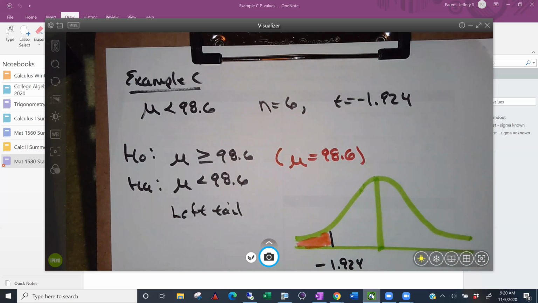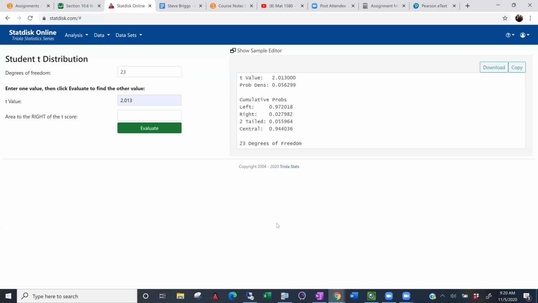So again, we're going to go look that up in StatDisk. How many degrees of freedom do I have this time? 5. Yes, 5. Again, n minus 1. The t-statistic was negative 1.924. And I want the area to the left of that. Okay.